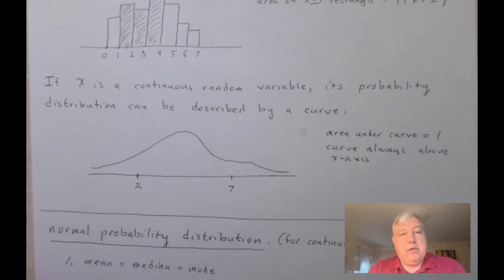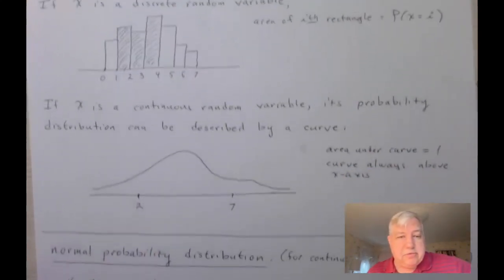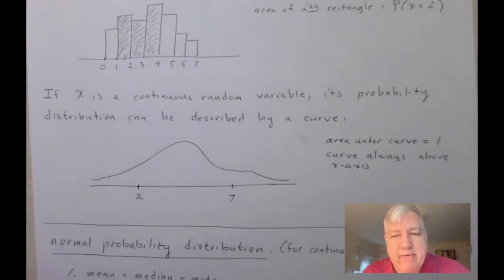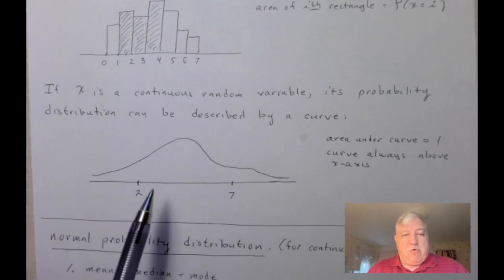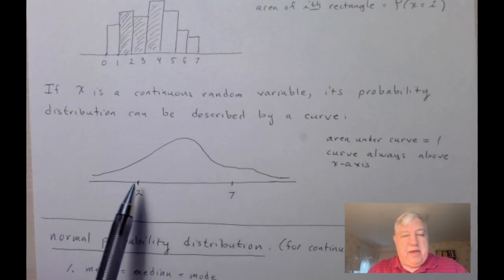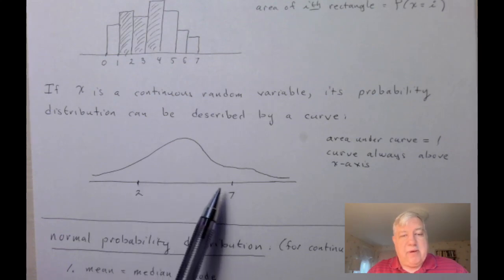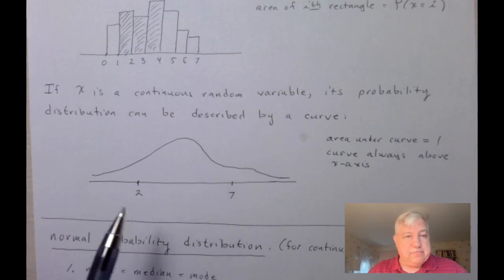Instead of drawing these rectangles, we consider areas under some kind of curve, and we let the areas under the curve represent probabilities. The region that we want x to be in will correspond to an interval on the x-axis, and that will correspond to an area above the interval and below the curve, and that area will represent the probability.